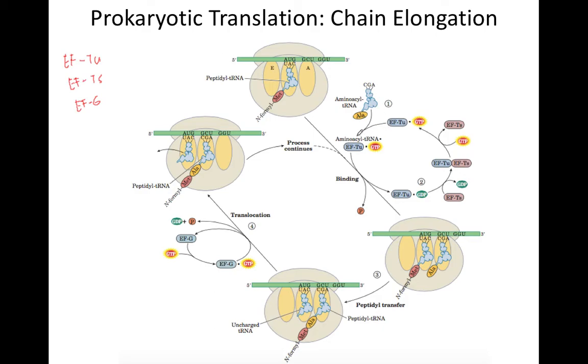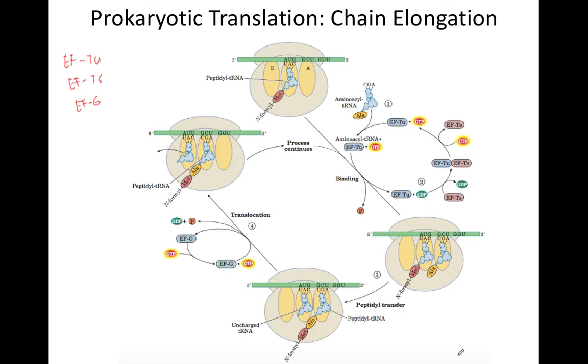Here you will find that EF-Tu, elongation factor Tu, is conjugated to a GTP. Together, they bring the next tRNA into position here. And once that tRNA has successfully bound to the mRNA, GTP is hydrolyzed.